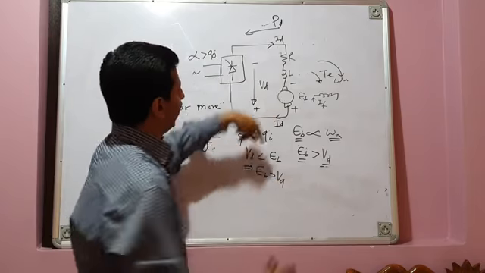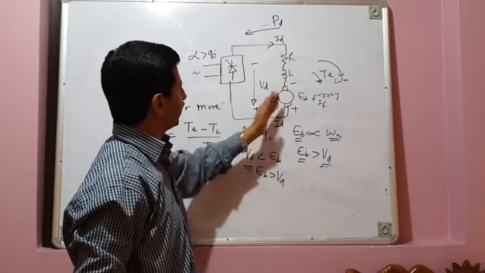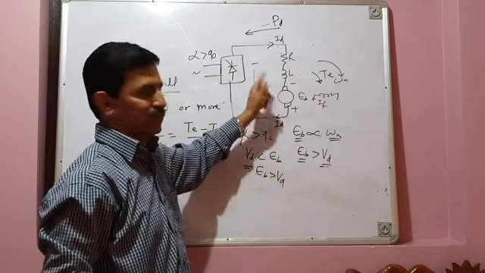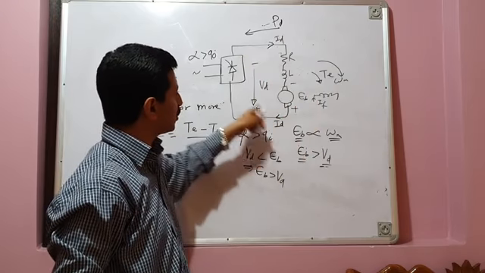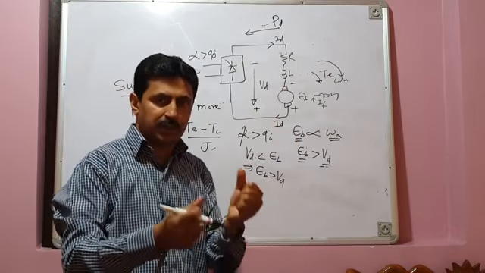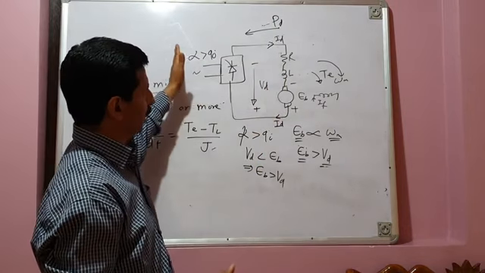And because of that, current is flowing in the same direction. Since EB is greater than VD, current is flowing from the EB source to the VD source. That means your machine is supplying energy back to the source through the converter.